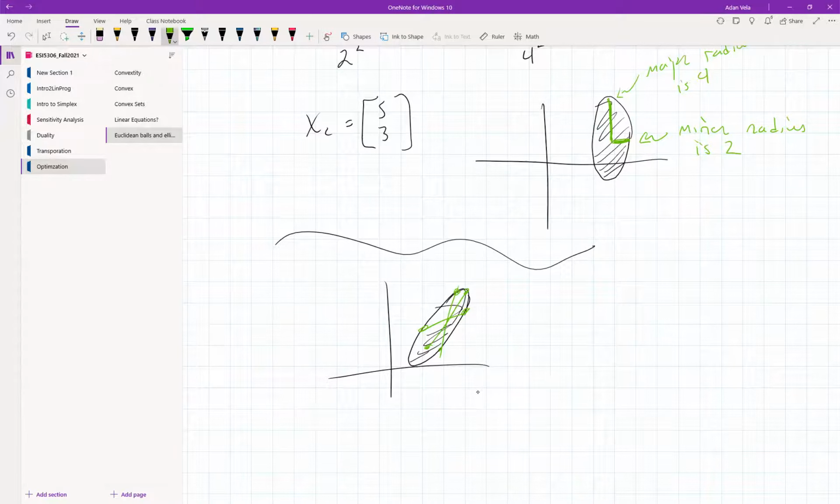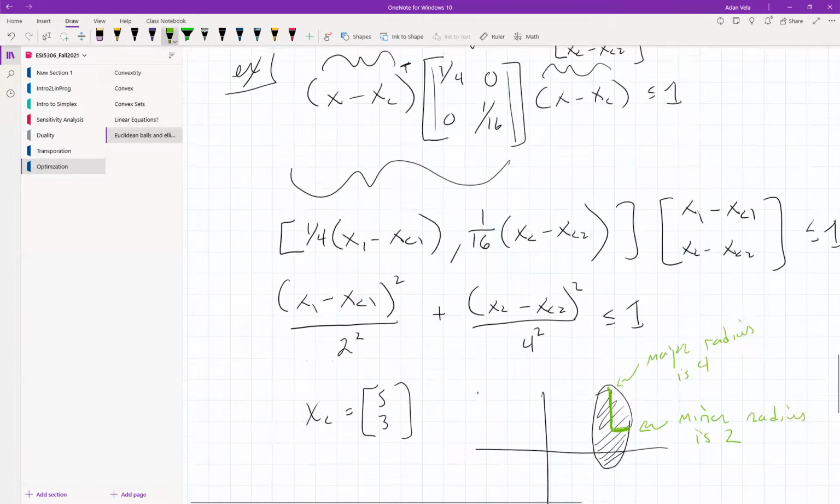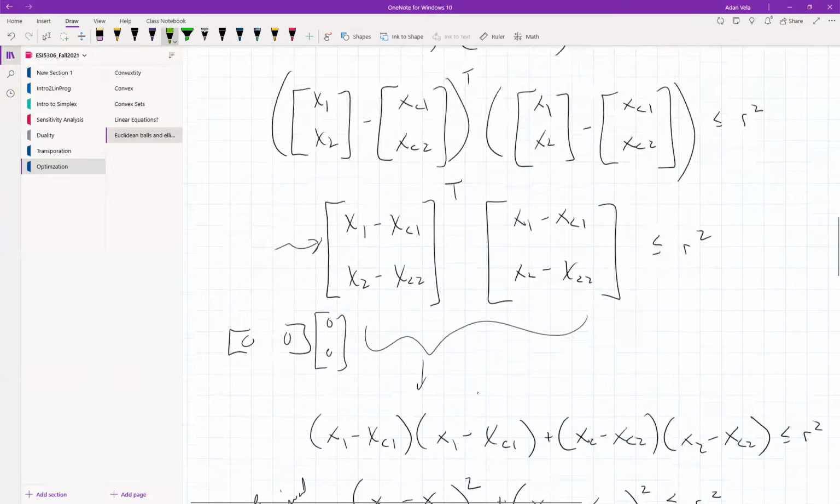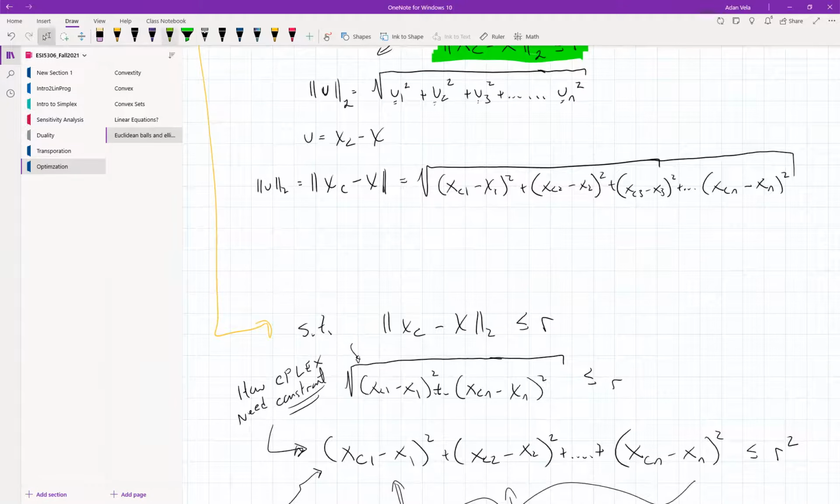Now, these ellipsoids and balls are just one type of norm. If we went back up, this corresponded to the L2 norm, right? And the reason why we call it the L2 norm is right here.